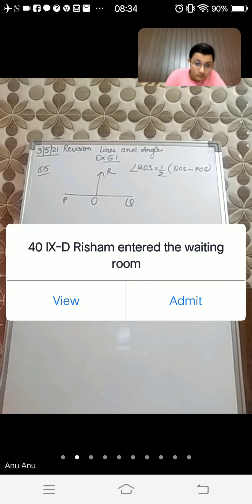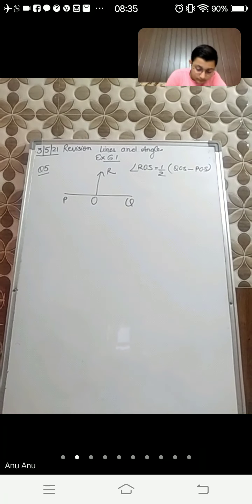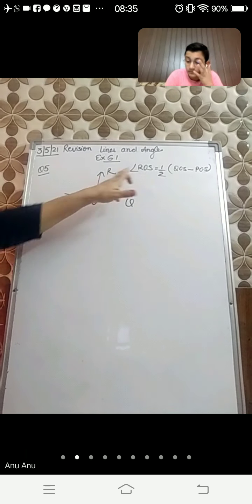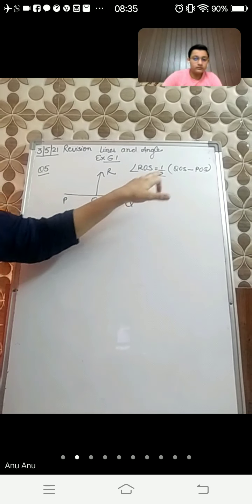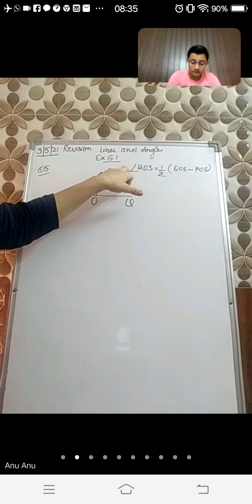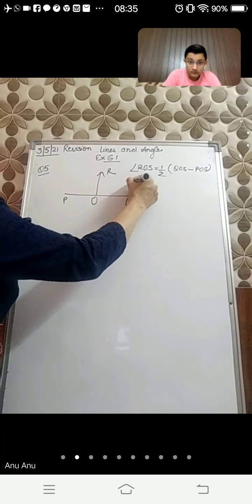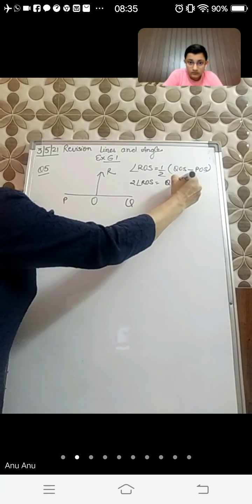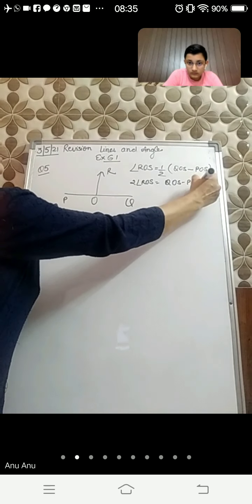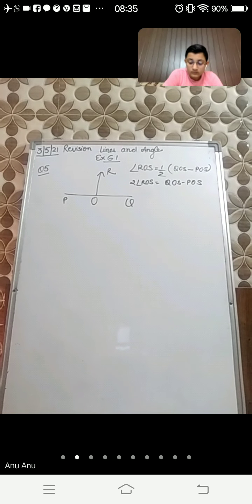Now you will start according to this. You have to prove that the value of ROS is this. If I take this 2 on the left hand side, this will become twice of ROS is equal to QOS minus POS. This we want to show.